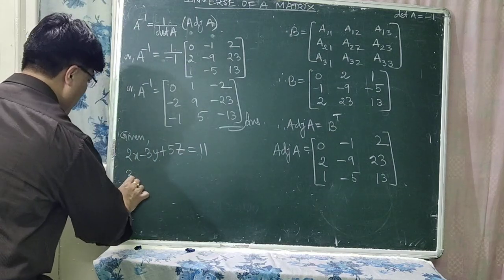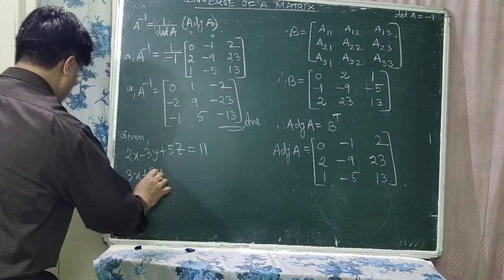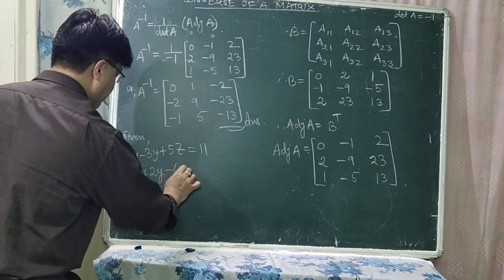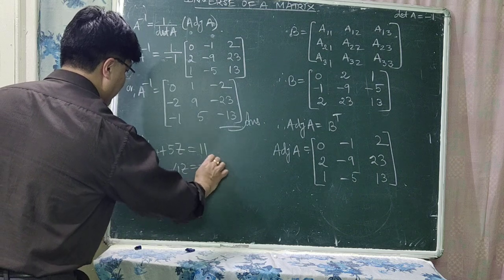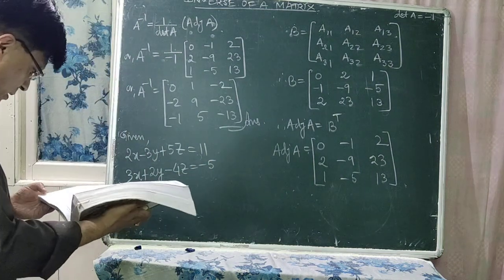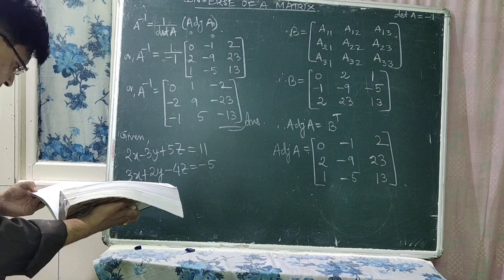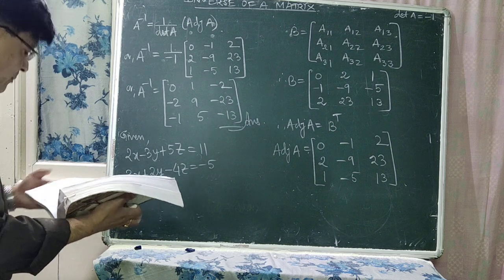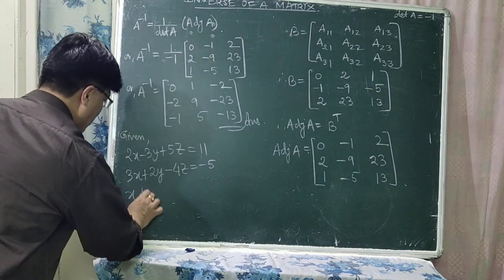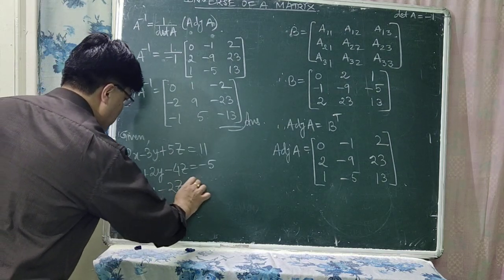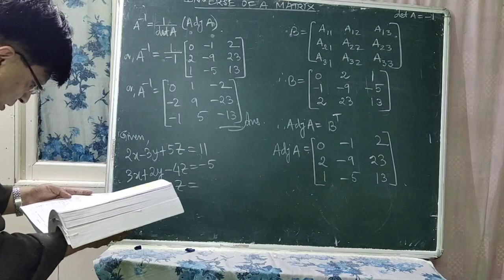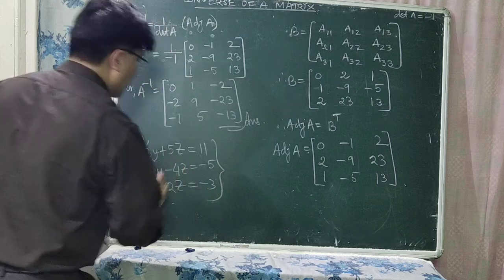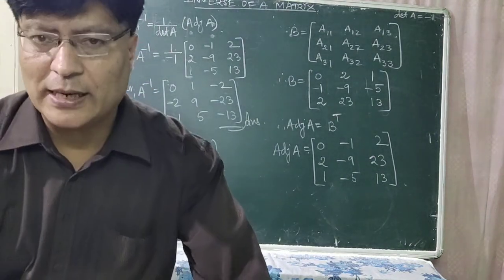Then 3x plus 2y minus 4z is equal to minus 5, right? And x plus y minus 2z is equal to minus 3. So all the constant terms are on the right hand side.